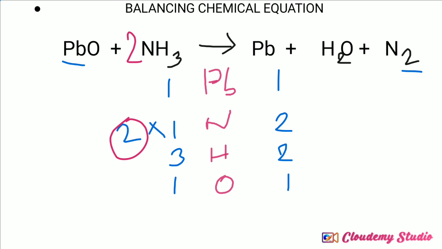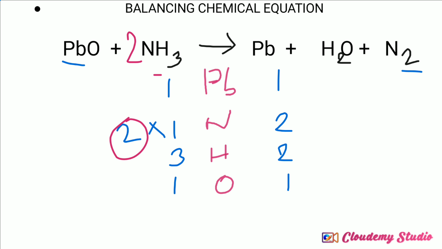So when we write this 2 as a coefficient of ammonia, what happens? This 2 belongs to nitrogen as well as hydrogen. So as a result, hydrogen also will change. Hydrogen already has a subscript of 3, therefore 3 times. Now when we multiply with the coefficient 2, 2 times 3 is equal to 6.